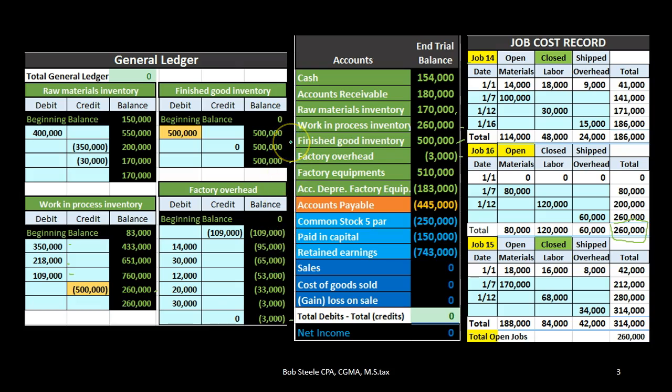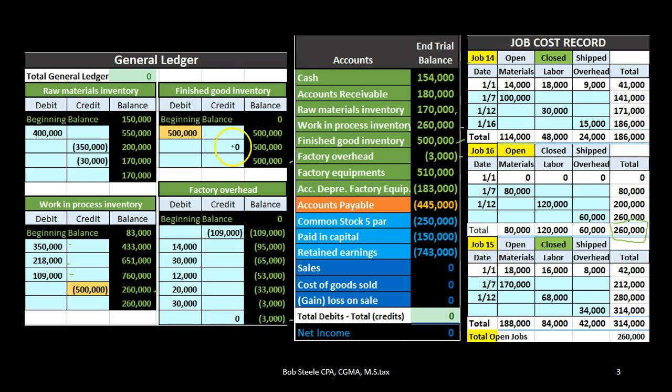These accounts will be backed up by general ledger accounts, for example, raw materials GL account, finished goods GL account, work in process GL account, factory overhead GL account. Those are in order by date, and the total in the GL account backs up and matches the total in the trial balance.